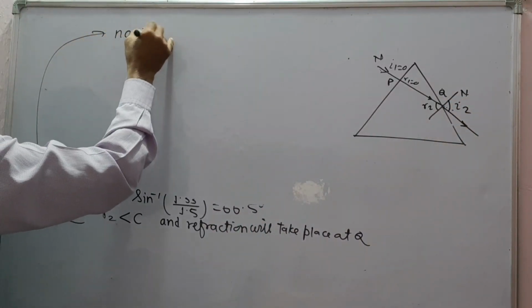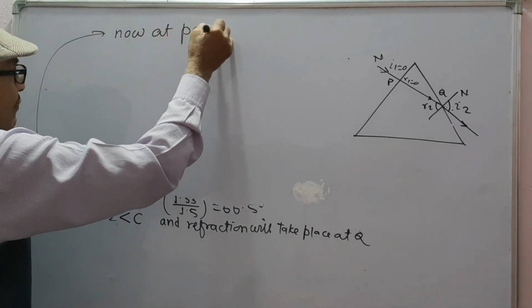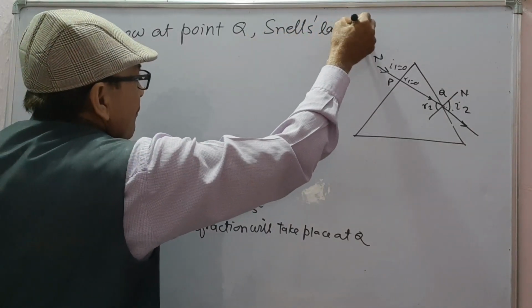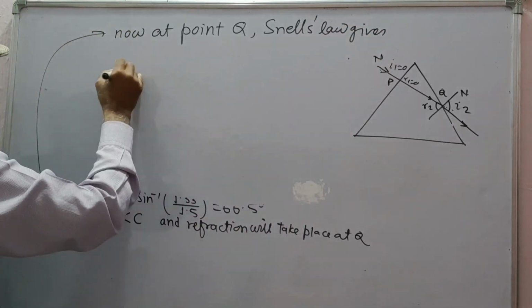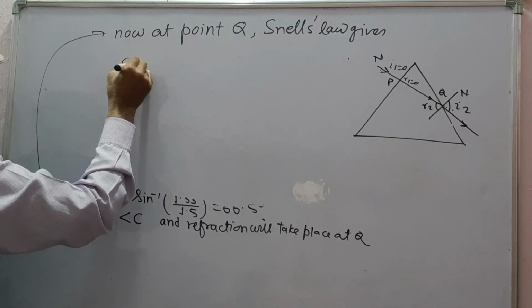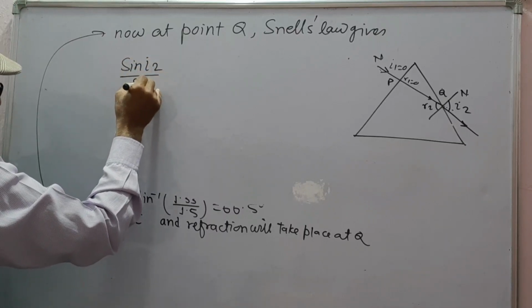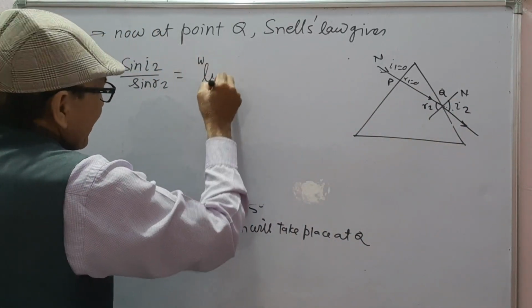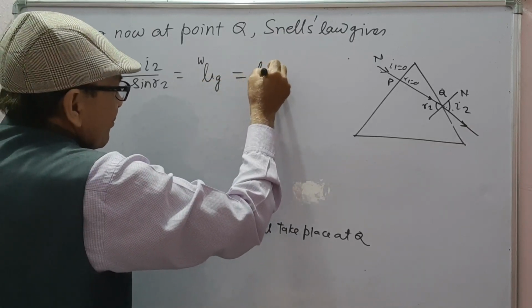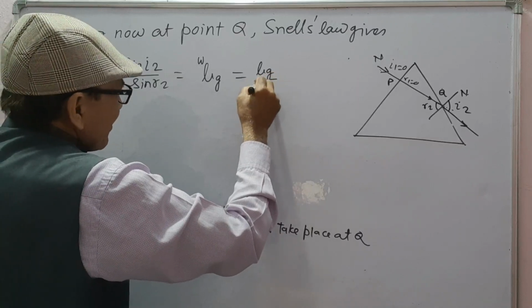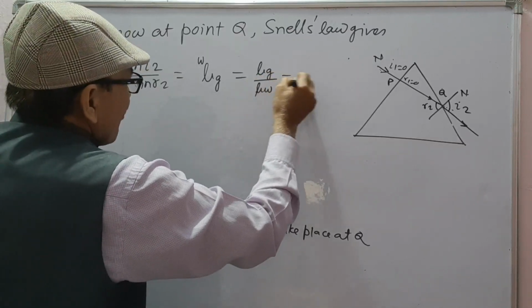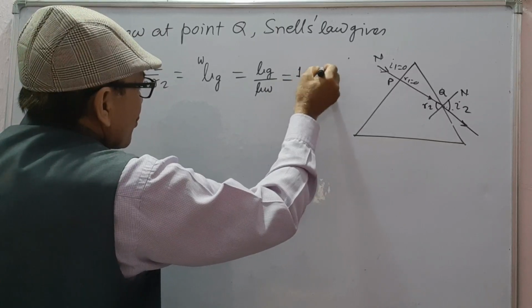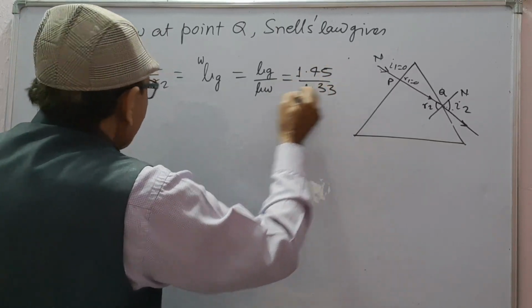Now at point Q, Snell's law gives sin I2 upon sin R2 is equal to mu water to glass, means mu glass upon mu water, which is 1.45 upon 1.33.